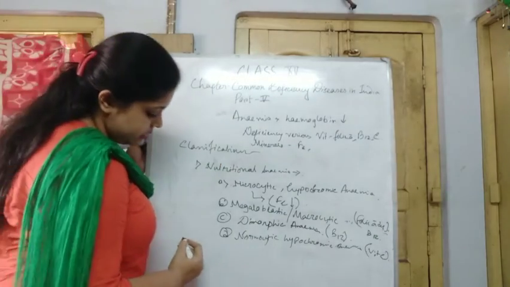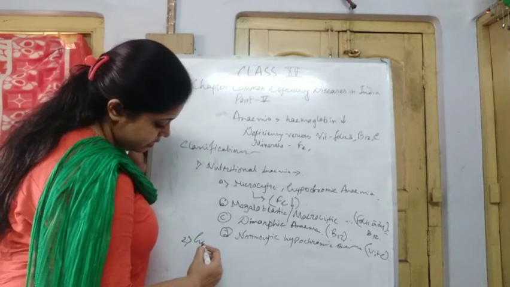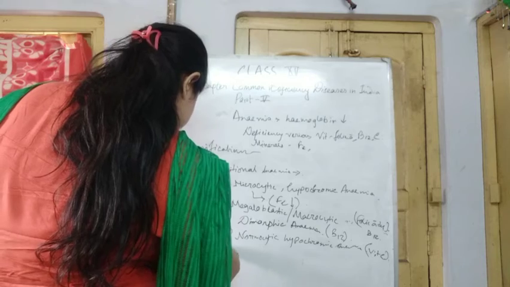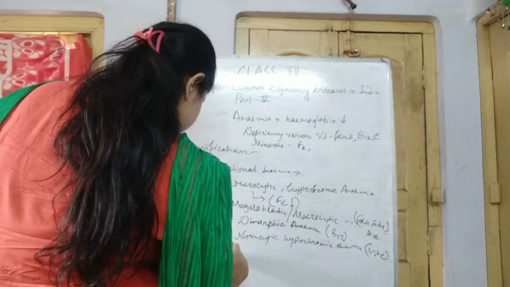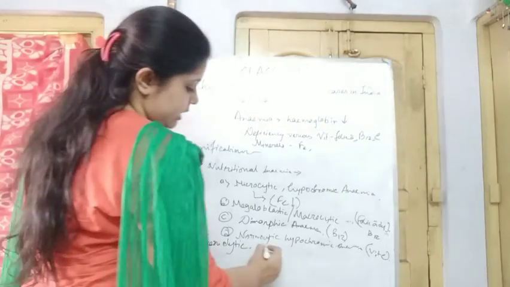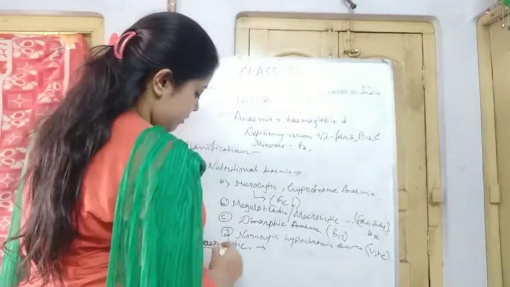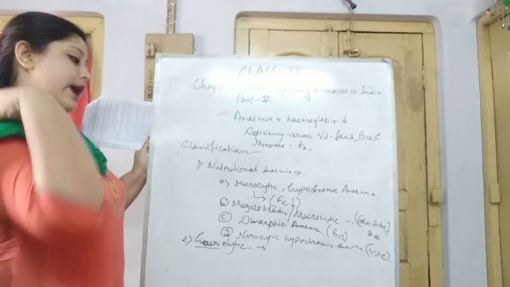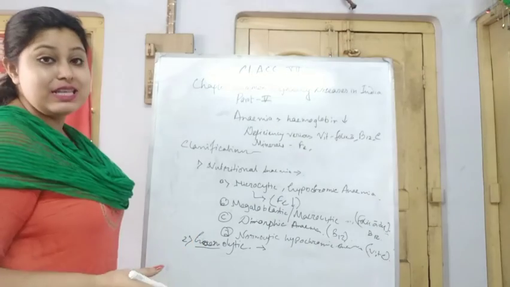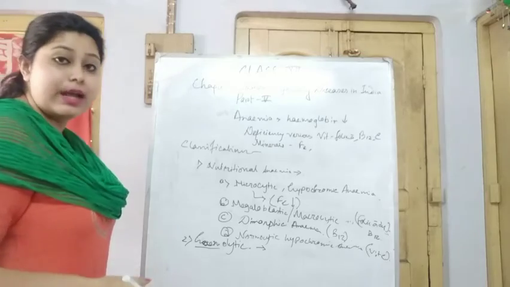The second is hemolytic anemia. The hem means hemoglobin and the lytic word came from lysis. Lysis means breakdown.